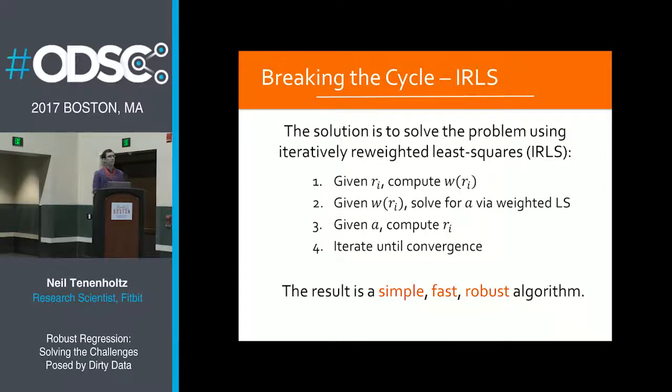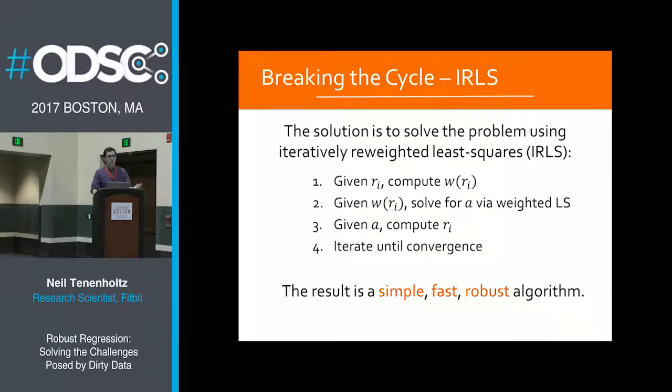So what you do, start with a standard linear least squares solution. Just get something to compute those residuals. Compute your weights. From the weights, solve for a new set of regression coefficients. And then from the regression coefficients, compute a new set of residuals. And just keep doing this over and over again. And eventually, you'll converge. And so this is a pretty simple, fast, and robust way of doing it.